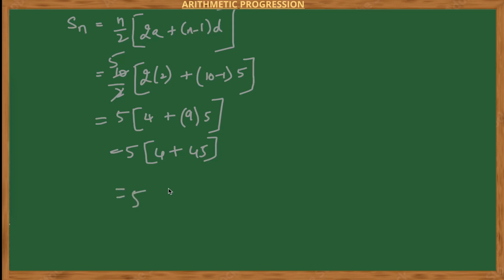45 plus 4 is 49. Now we multiply 49 by 5, which gives 245.